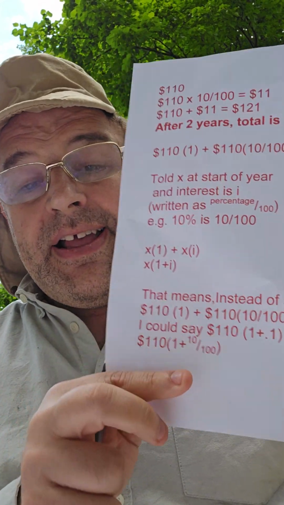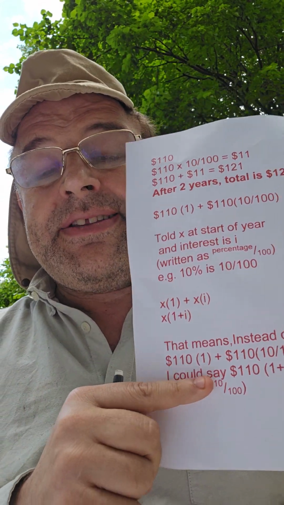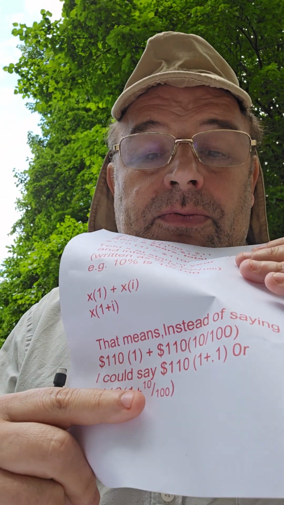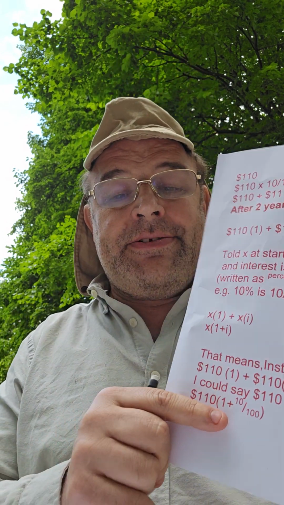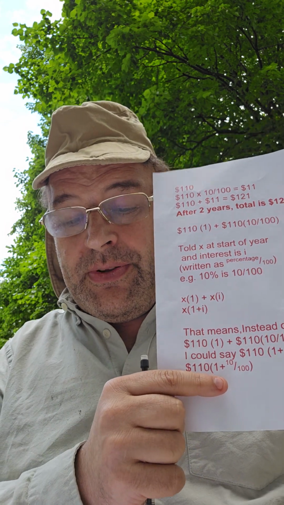It's the exact same as I did here, except there we don't know the numbers. I used x and I, and here I used 110%. And of course, 10 over 100 is the same as saying 0.1, and 1 plus 0.1 is also like saying just 1.1.